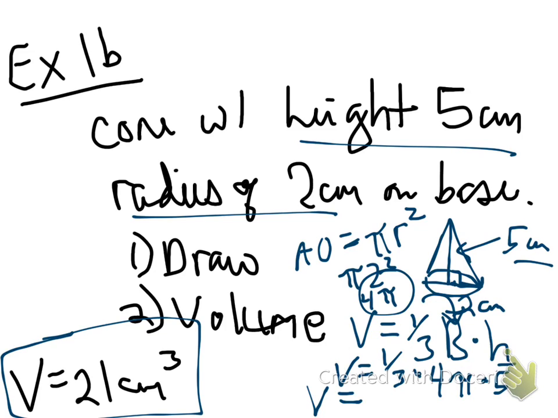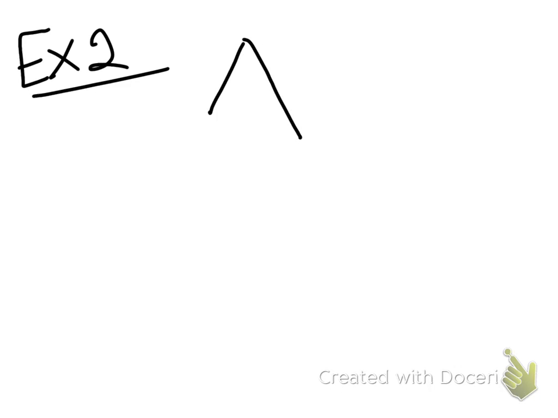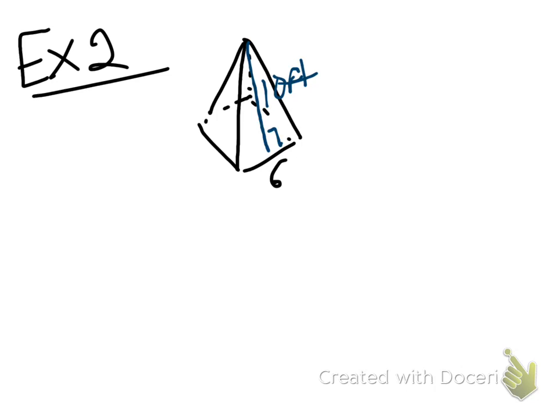Alright, we're going to go ahead and do another practice. This is example 2 of finding the volume of a pyramid. So I have a pyramid with a slant height of 10 feet and a base of 6 by 6.